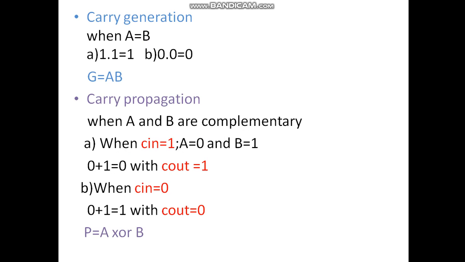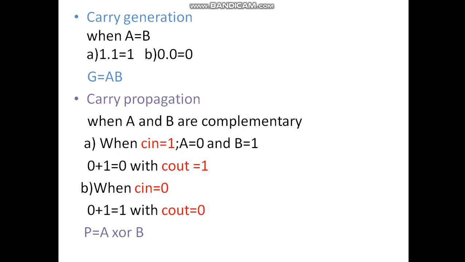So from this we understand that C out will be same as C in. So we can say that the carry is propagated when A and B are complementary. If C in is equal to 1, the C out is also 1, and when C in is equal to 0, C out is equal to 0.